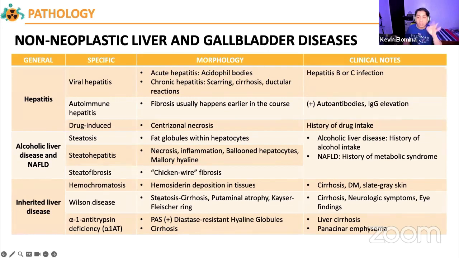For your Wilson, it's copper excess. And for your alpha-1 antitrypsin deficiency, it's an accumulation of a dysfunctional, no, and abnormal alpha-1 antitrypsin. So those, no, can also cause liver inflammation and liver damage and are also risk factors for liver CA.